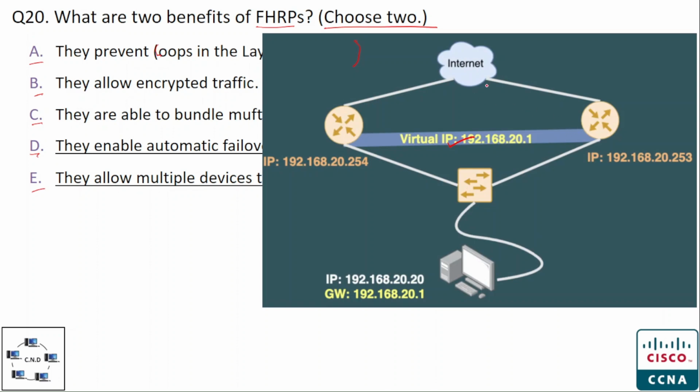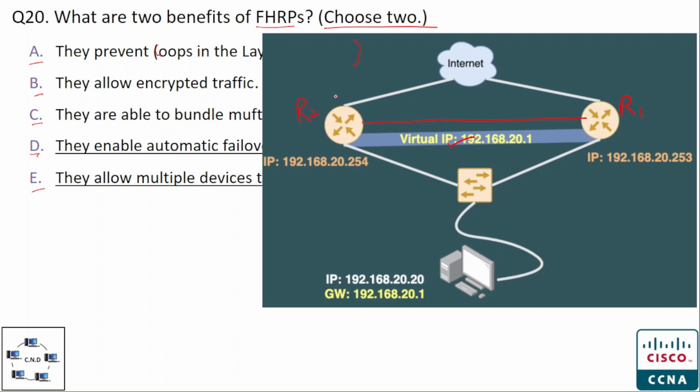So the first hop redundancy protocol works such that you have two routers here, let's suppose R1 and R2. They are configured such that they are directly connected. They are configured using this protocol and they work in tandem with each other.